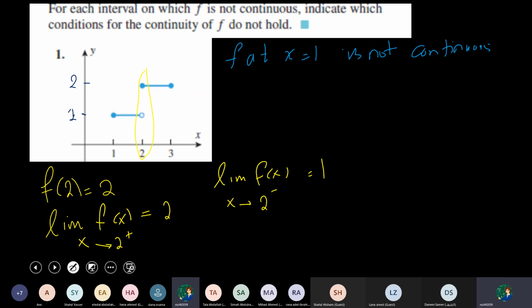Does the limit exist here? No, it doesn't exist. Since it doesn't exist, is the function at point 2 continuous? No, thank you. Because the value here is 2 and the limit does not exist.